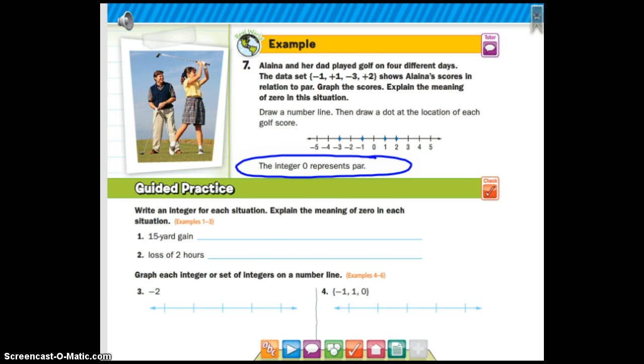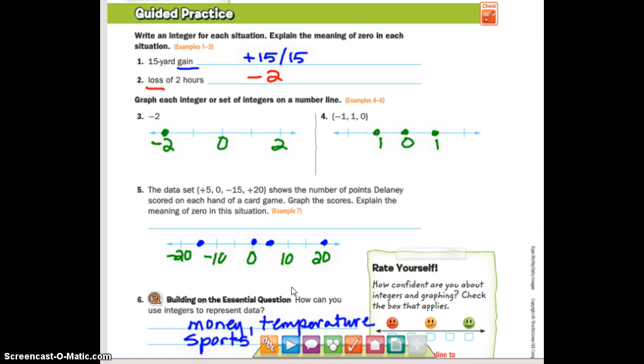Now that you've turned the recording back on, check your answers. Do they look like mine? A gain is good. A loss is bad. In problems 3, 4, and 5, I had to write numbers on my number line. Please note that the intervals have to be even, but I don't need to write all the numbers down.